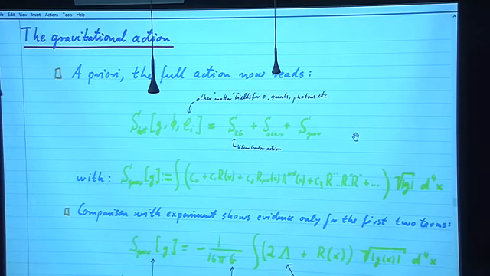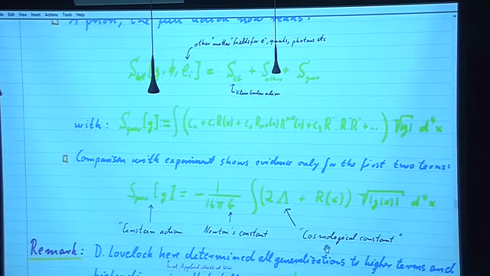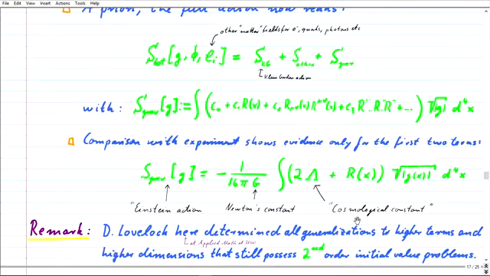All right, now, comparison with experiment shows that there's really only evidence for the first 2 terms. A constant, which is now called the cosmological constant, and the Ricci scalar term, which gives us the Einstein action.